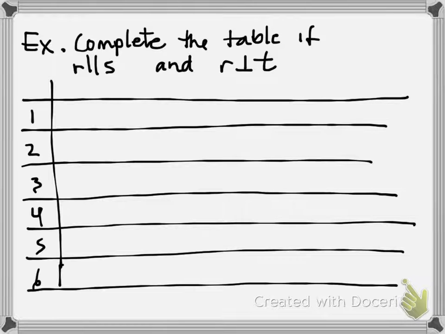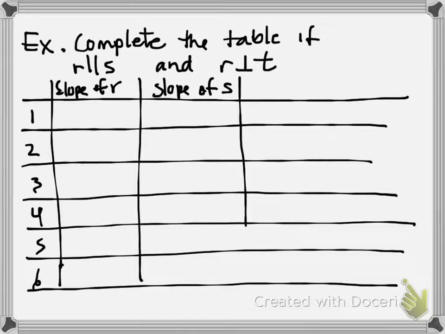All right, so we've got slope of R. We've got slope of S. And by the way, one of my pet peeves is when you spell slope S-L-O-P, because all you've written is slop. So be careful with that.